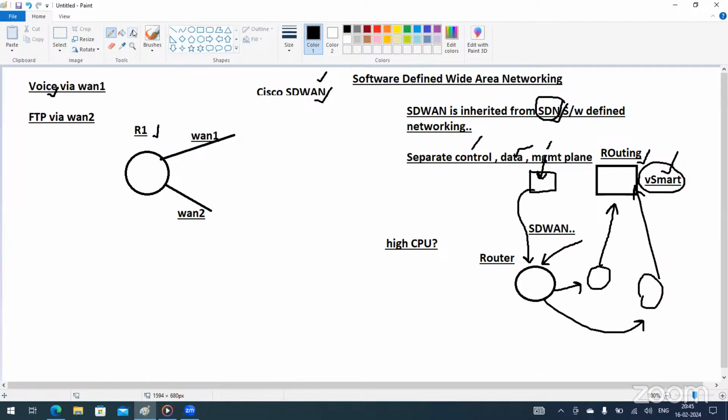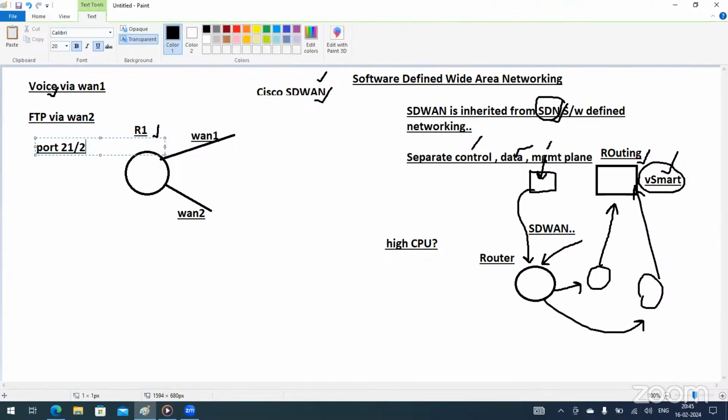In traditional networking, there is no real way to say that this is voice traffic or FTP. We can of course define based on port numbers, port 21, 22. We can match traffic based on IP address or port number.